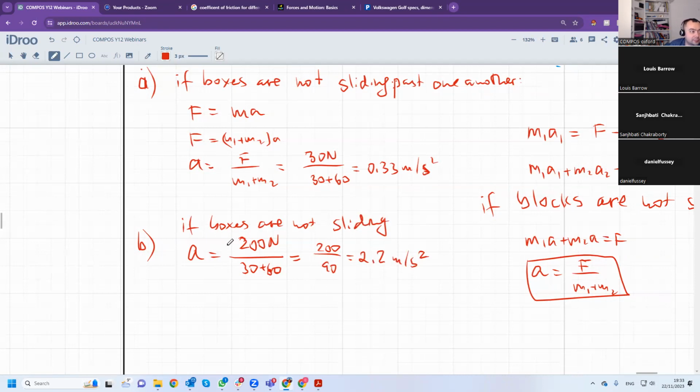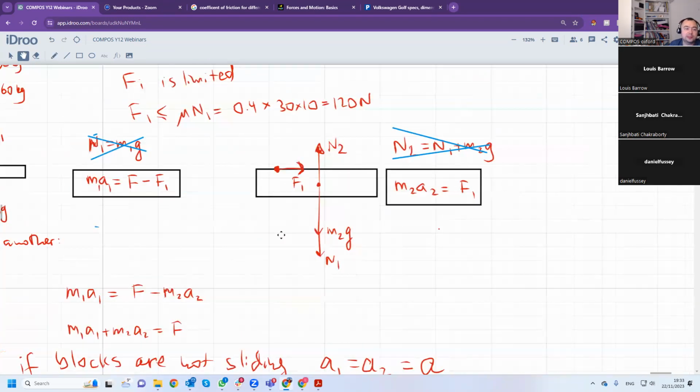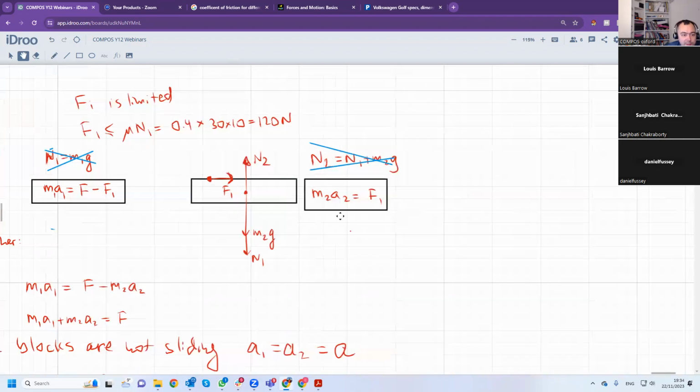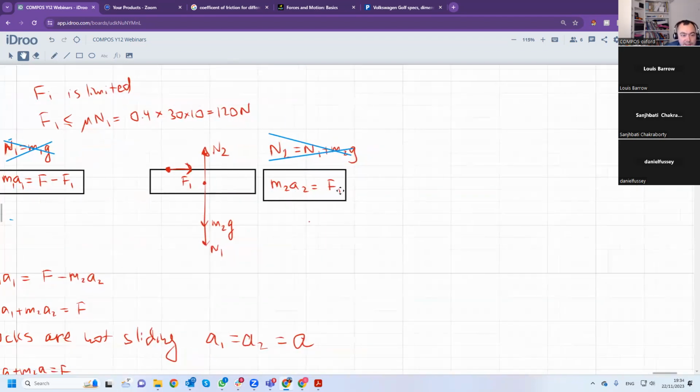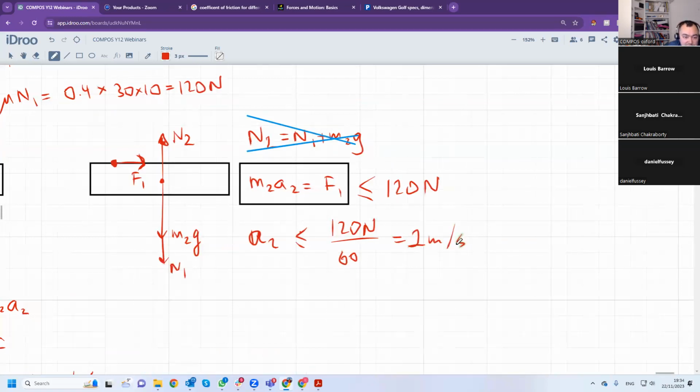But if we look at this box, F1 cannot exceed 120 newtons, and therefore acceleration 2 is less than 120 newtons divided by M2, which is 60, which is 2 meters per second squared.